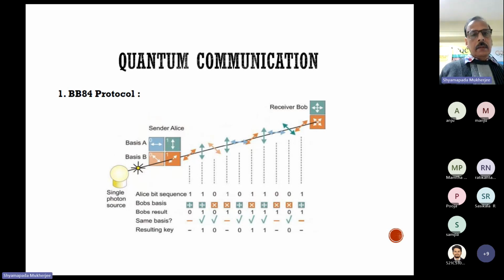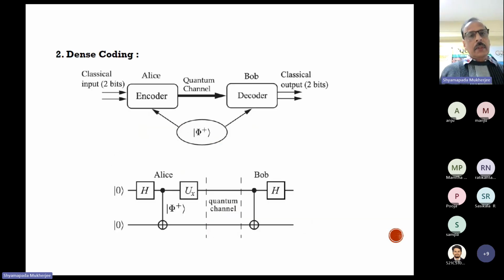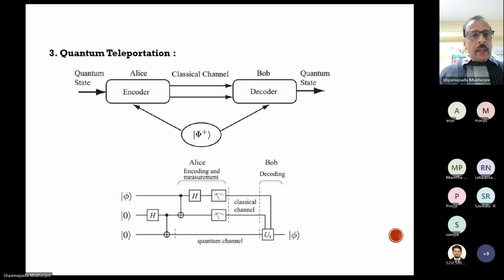That is very important. And then we have two very interesting things in quantum communication that you must learn. One is dense coding. What is dense coding? You send classical input from Alice to Bob through a quantum channel, implemented through the following circuit diagram. You see a Hadamard gate, then a CNOT gate, then a UX gate. Similarly, I have another important way of passing information called quantum teleportation.